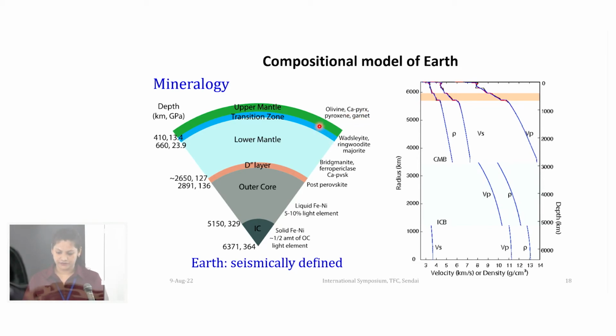At the transition zone between upper mantle and lower mantle, olivine encounters a phase change where it changes into wadsleyite, ringwoodite, majorite. And in the lower mantle, which is not very well constrained, there are different proportions of bridgmanite, ferropericlase, and calcium perovskites.